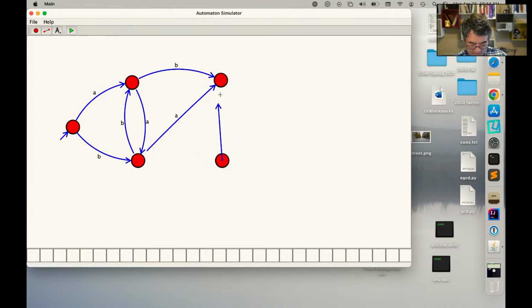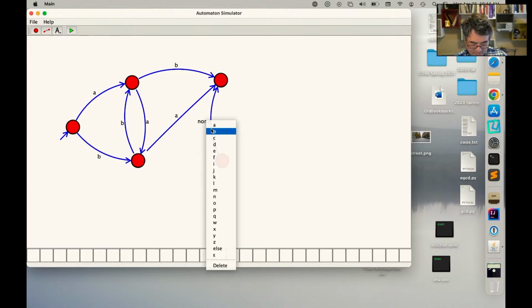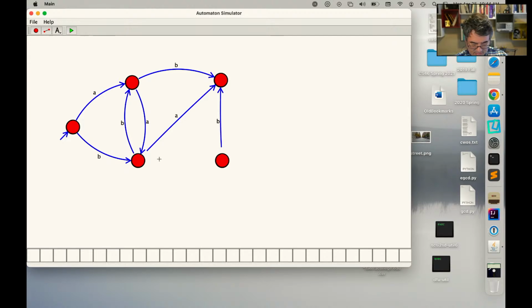That's A. This is B. This one here is A. I think that's it. Final state and final state.